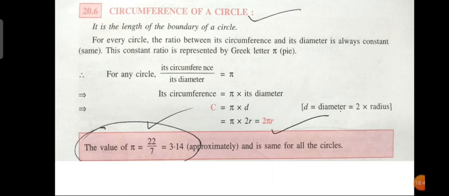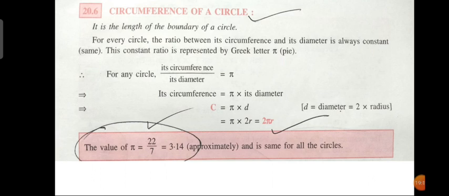So 2 pi r is the circumference of a circle, where r is the radius of the circle. Okay, and the value of pi is 22 by 7 or 3.14 approximately, which is the same for all circles.